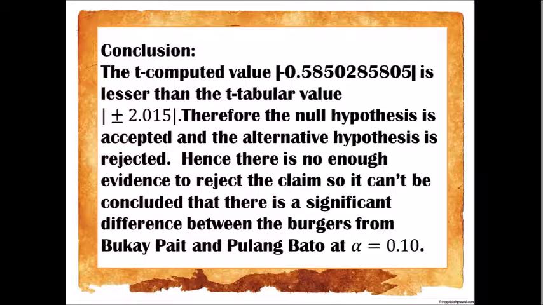Therefore, the null hypothesis is accepted and the alternative hypothesis is rejected. Hence, there is no enough evidence to reject the claim, so it can't be concluded that there is a significant difference between the burgers from Bukay Pait and Pulang Bato at alpha 0.10.